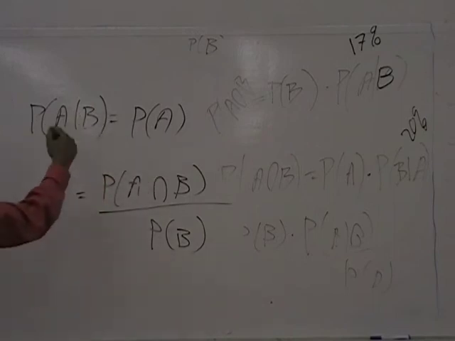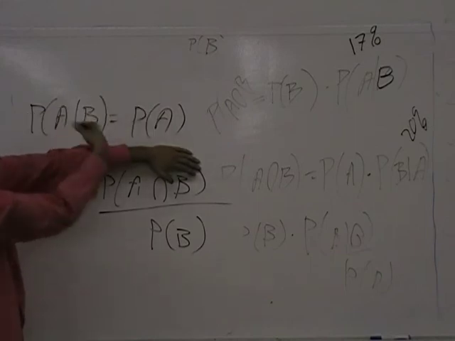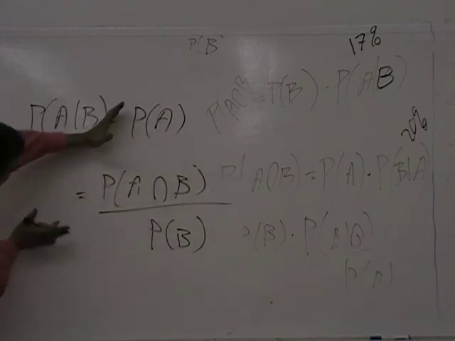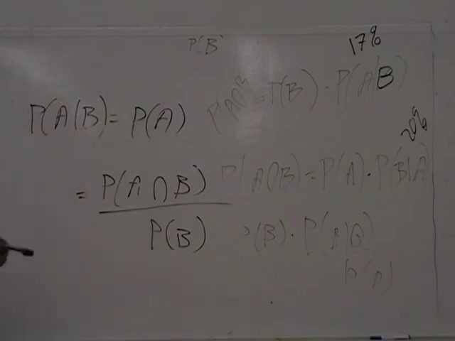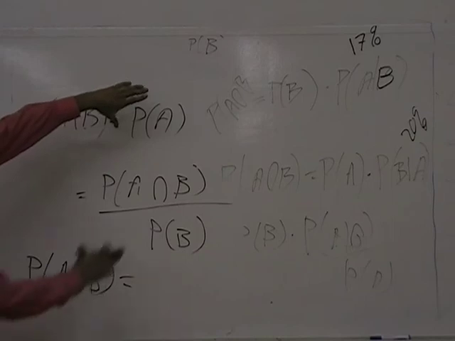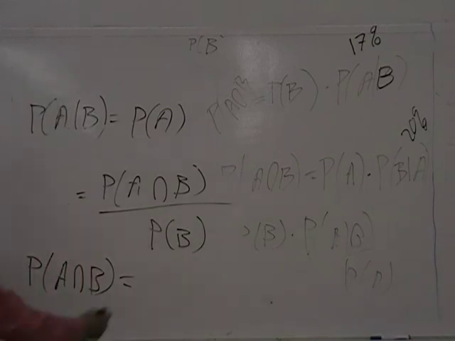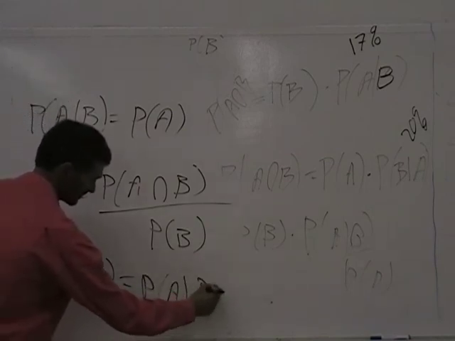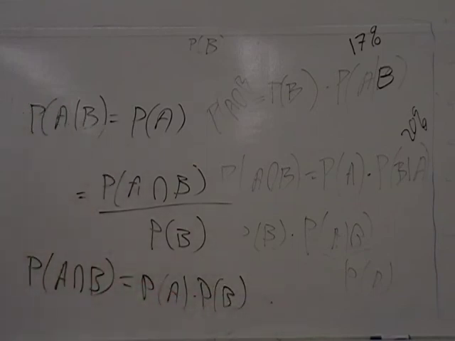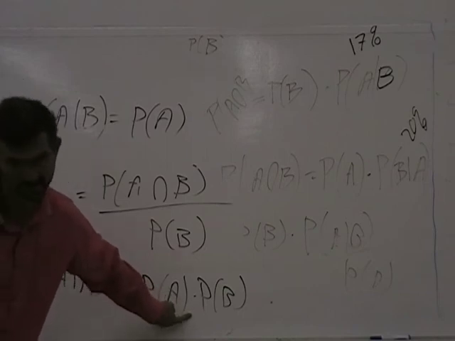So we say, let's assume this is true, and then we look at this, which is always true, and we observe that the probability of the intersection A intersect B equals the probability of A times the probability of B.